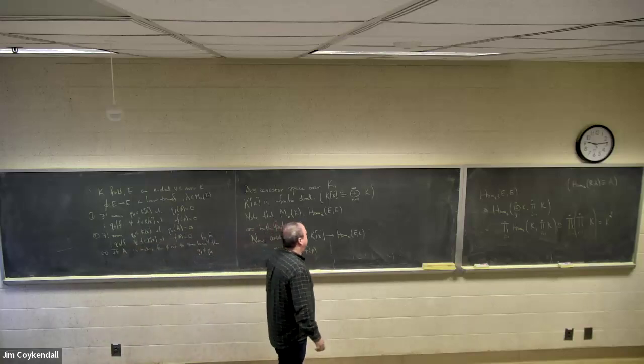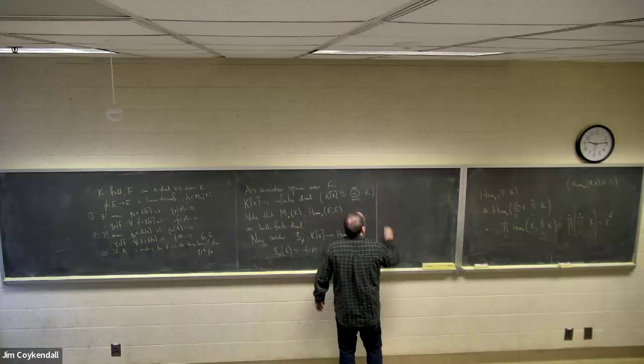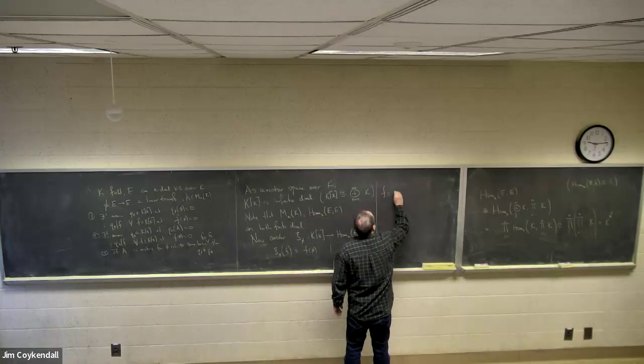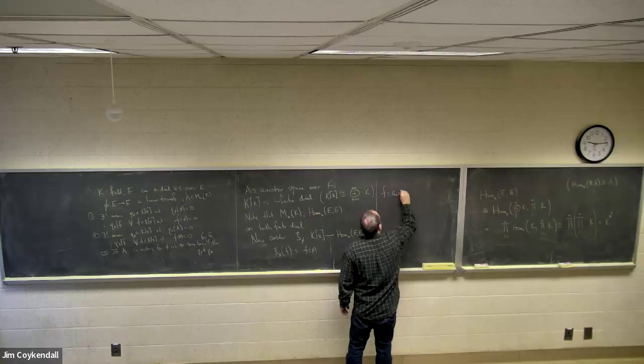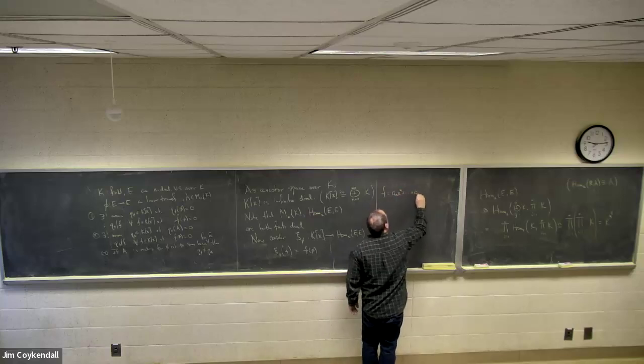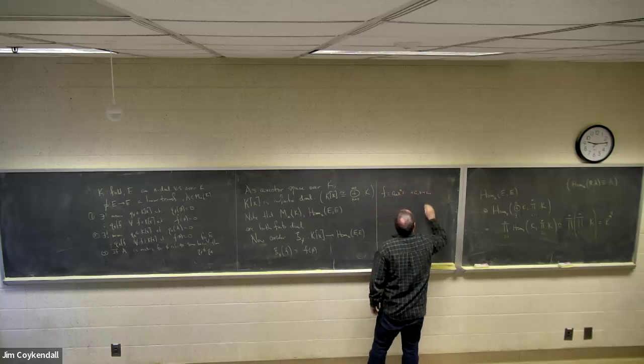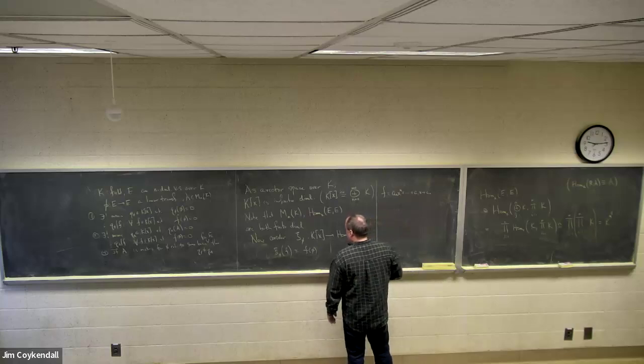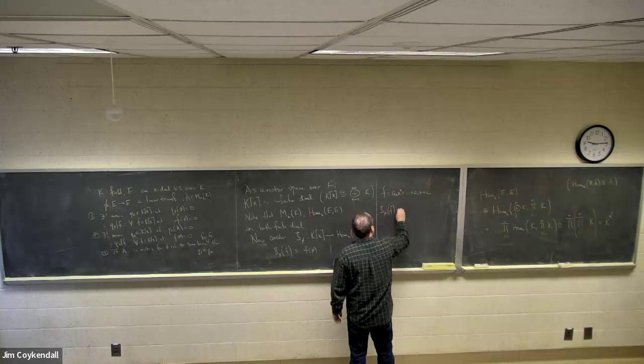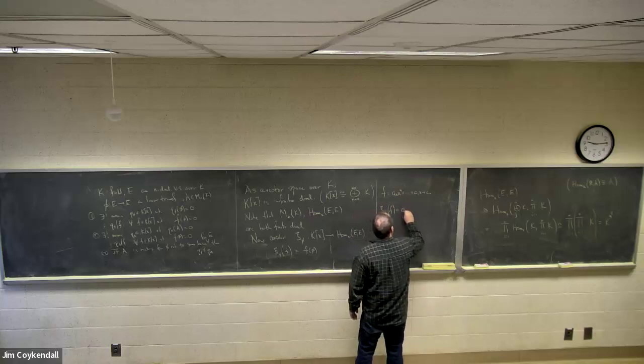And what do I get? For example, if f is equal to a_n x^n plus up to a_1 x plus a_0, then f of phi is a_n phi^n plus up to a_1 phi plus a_0.